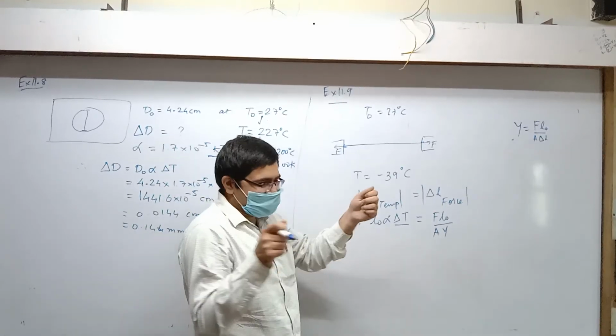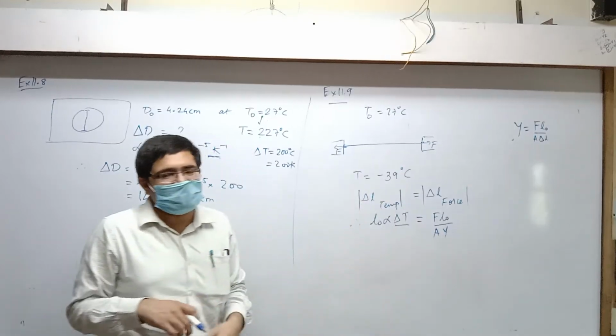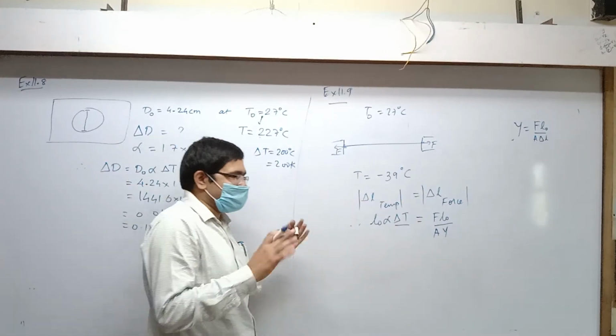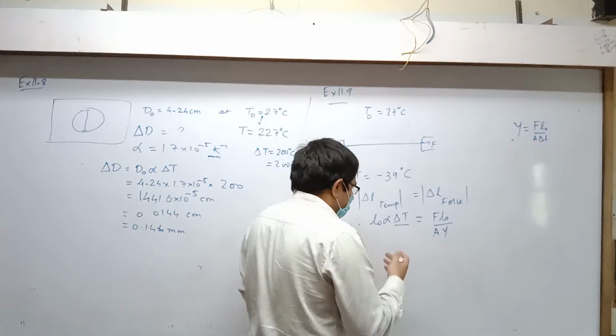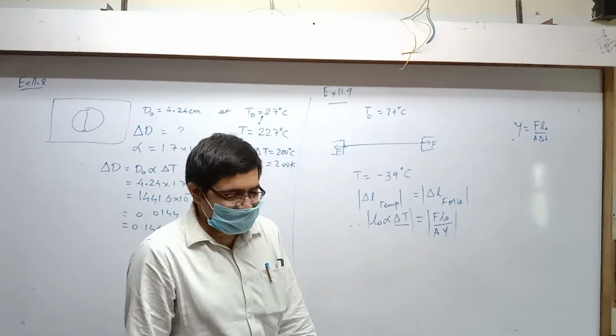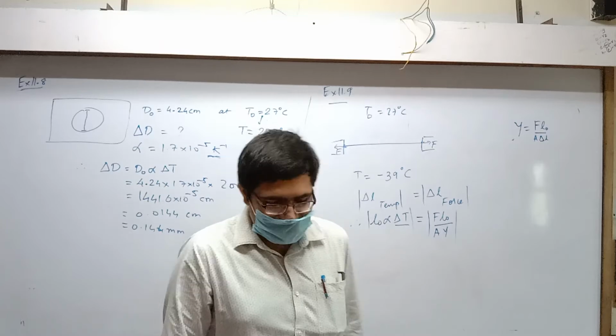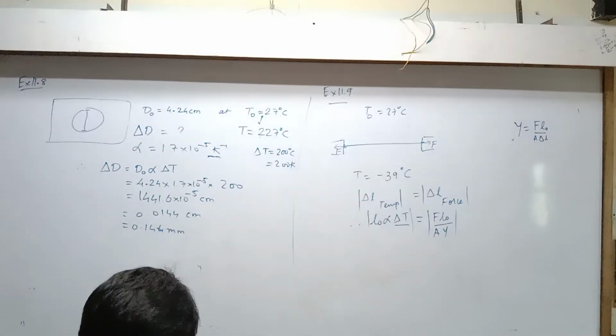Whatever change in length here due to force is the same as the change in length due to temperature, right? One decreases, the other increases, so put a modulus. So that's about the question.